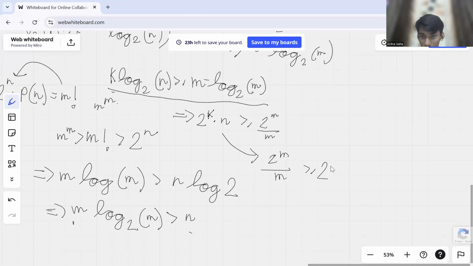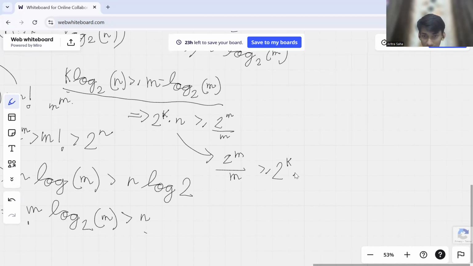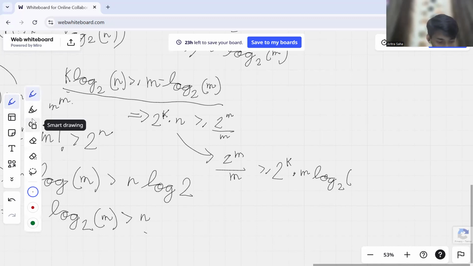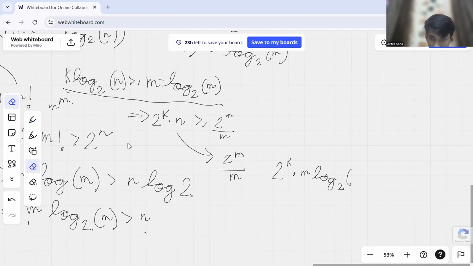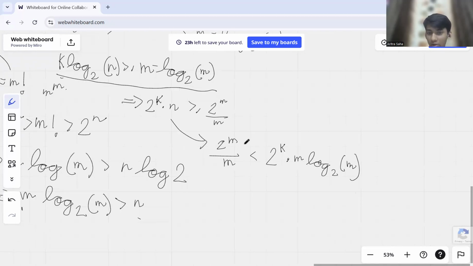And here, substitute the n, so m log 2m. But I'm changing the inequality sign, it feels. And this can't happen, because if you take the m to this side, it's like m square log 2m, some constant, and 2 to the power m.